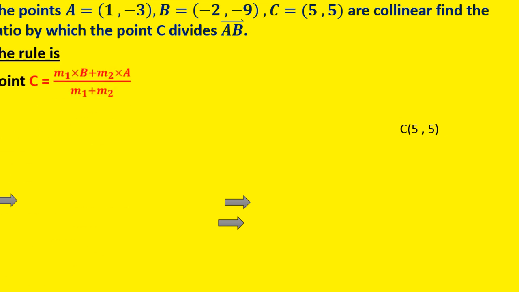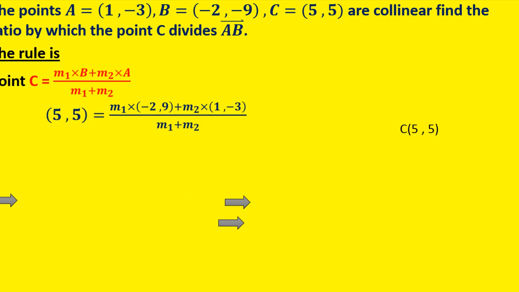What is the rule? C equals M1, this first ratio, times B, second point, plus M2, second ratio, times A, first point. Here write AB, so A is first point and B is second point, over M1 plus M2.